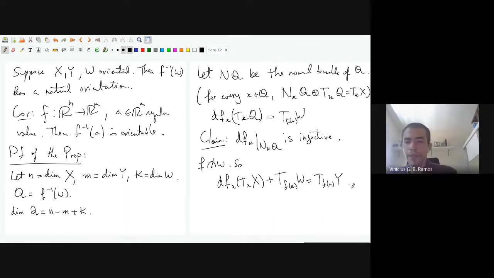But T_xX is the normal bundle plus the tangent space to Q. The tangent bundle of Q goes into the tangent space to W. So if you just take the normal bundle, that together with the tangent space to W has to span all of Y.